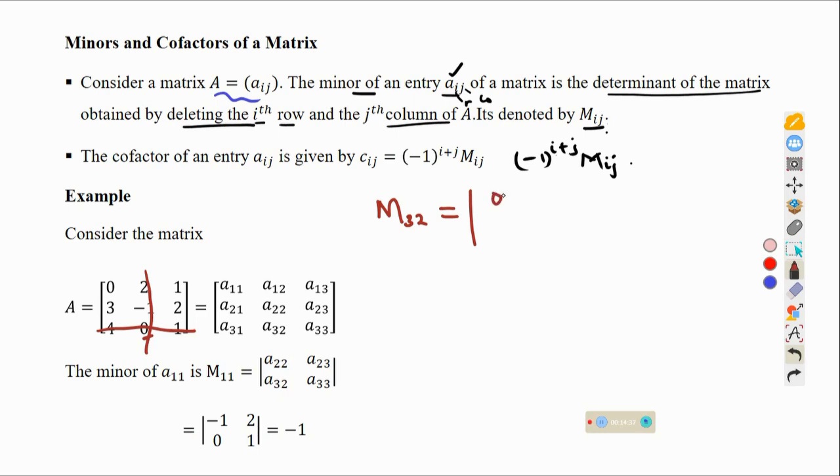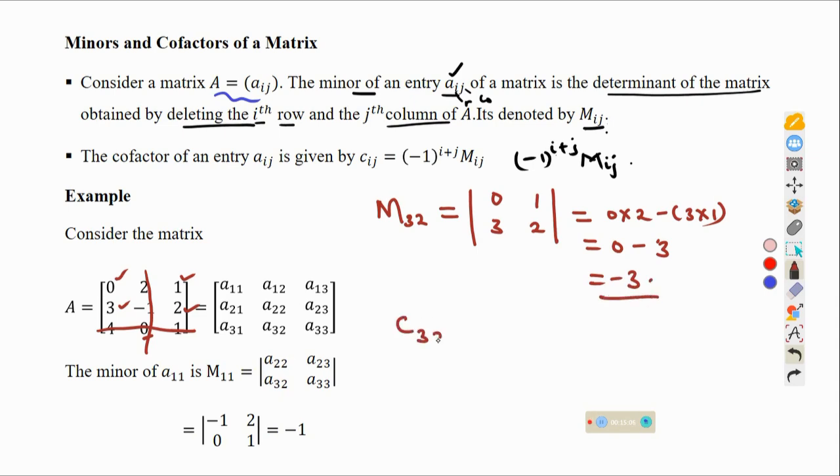When you do that, you are remaining with 0, 1, 3, 2. Get the determinant, 0 times 2 minus 3 times 1. So this will be 0 minus 3 times 1, which is 3. This will give us negative 3.